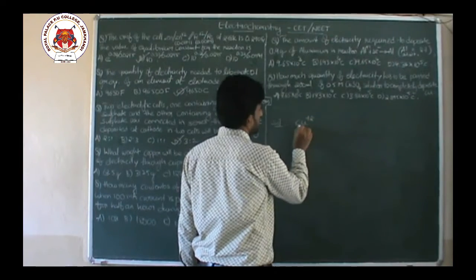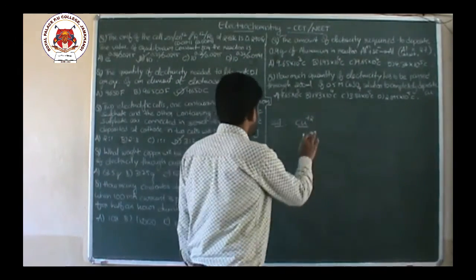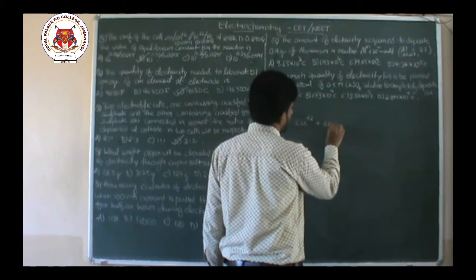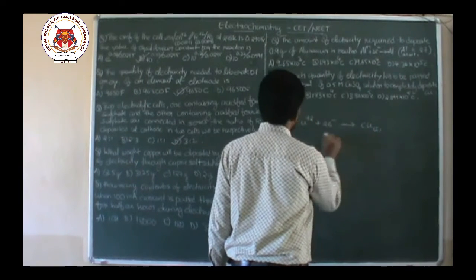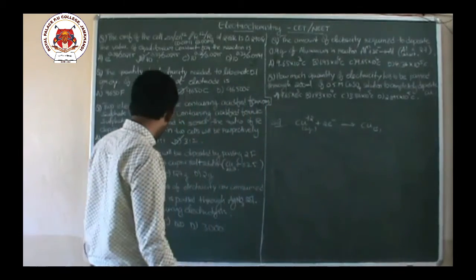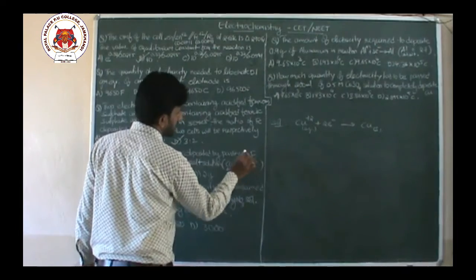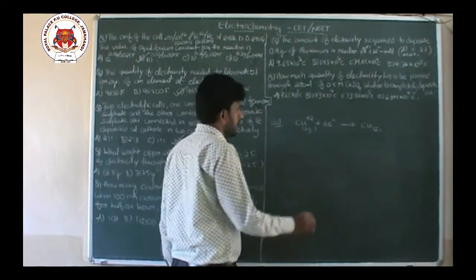So in this cupric salt, copper is in the plus 2 state. To deposit it, 1 mole of cupric salt requires 2 moles of electrons. And in our question, they are saying 2 Faradays of current is passed.